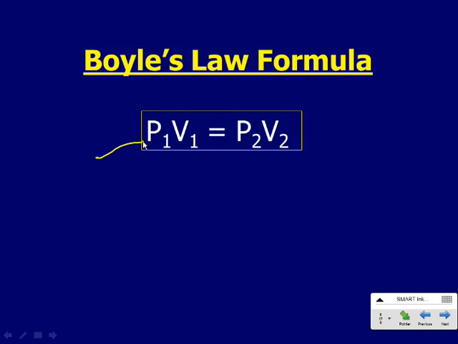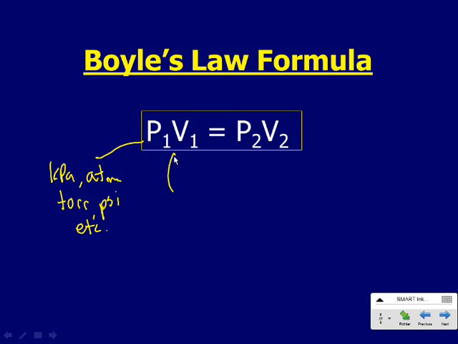Does anybody remember what was the most important thing about the units when we use that dilution equation? Somebody have a hand up there? No? It didn't matter what units we used, but they had to be the same because they had to cancel out. So in this equation, because it's a ratio, pressure could be in kilopascals, atmospheres, torr, PSI, etc. They can be any pressure unit.